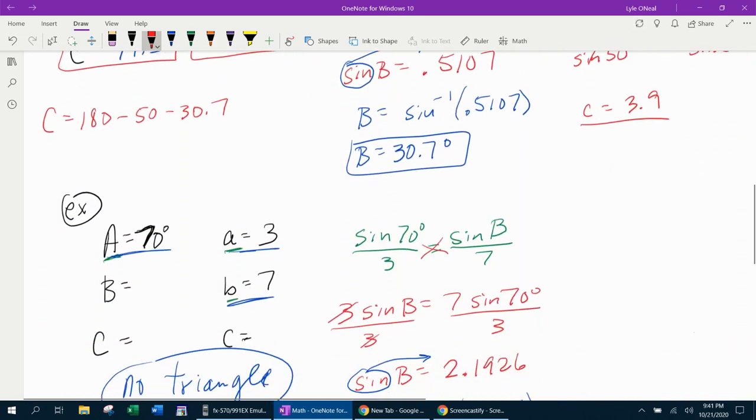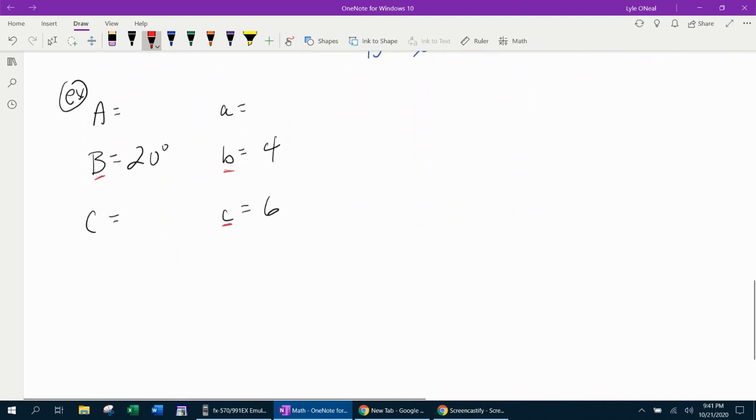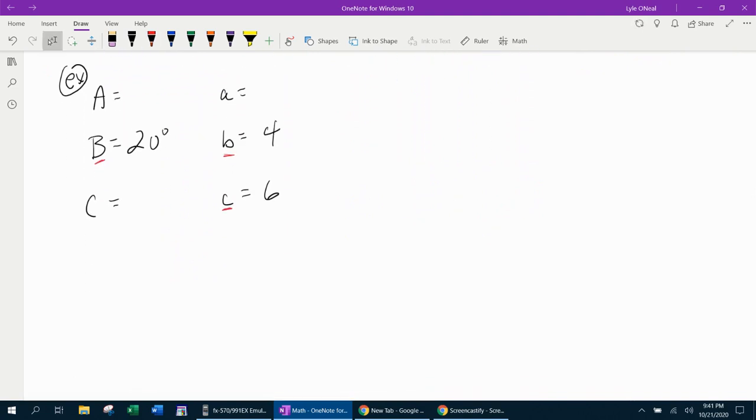So let's check and see if this meets the criteria for the ambiguous case. The one angle we're given is acute, check. And the opposite side, which would be 4, is that less than the other side? Yes, it is. And that means that this meets the criteria for the ambiguous case, and that means that we need to check later and see if we have two sets of answers maybe.